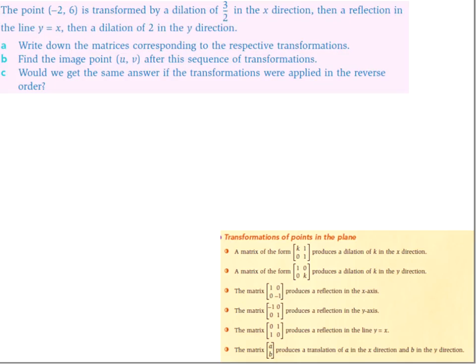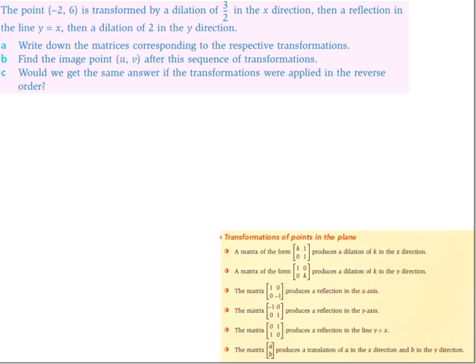So let's see how we could use that to do the question. We have a point with coordinates -2 and 6, and it's transformed by a dilation of 3/2, which is 1.5, in the x direction, and then reflected in the line y equals x, and then dilated of 2 in the y direction. I'll do this first part of the question, and then I'll ask you to do the second part.